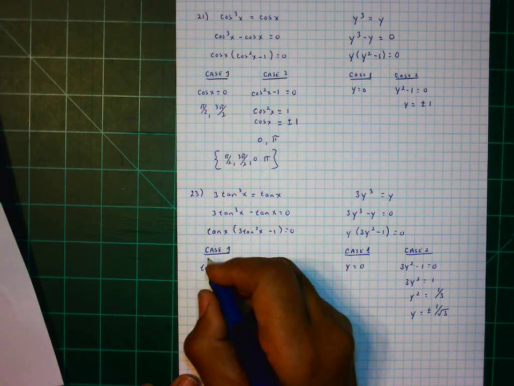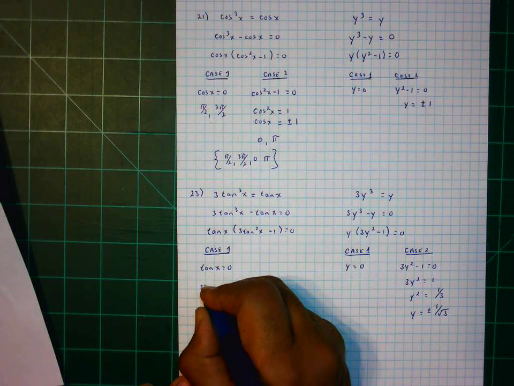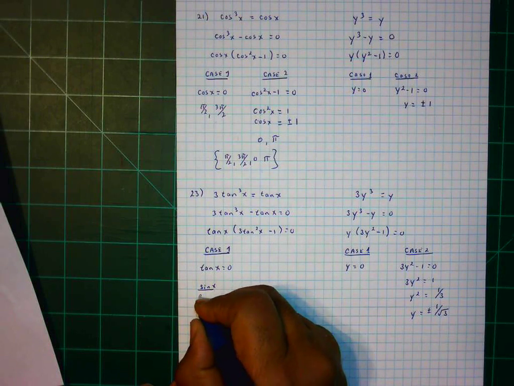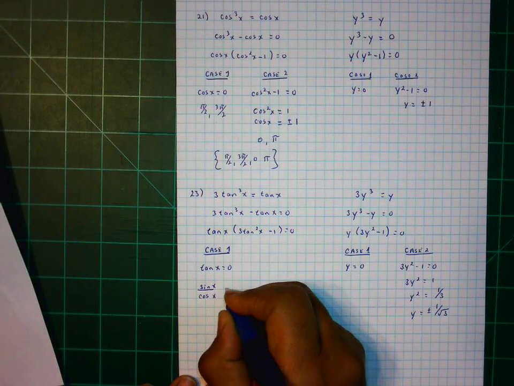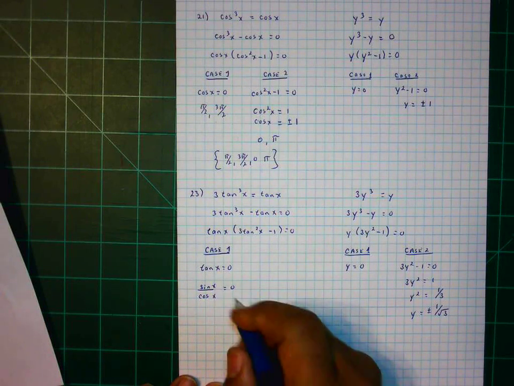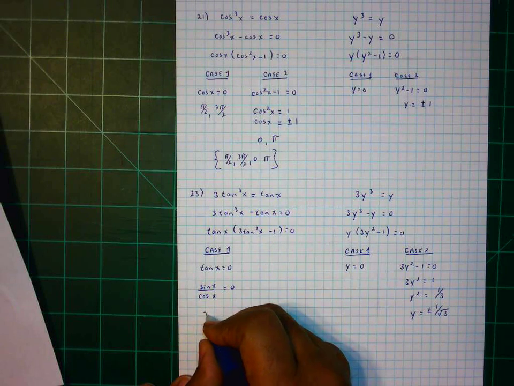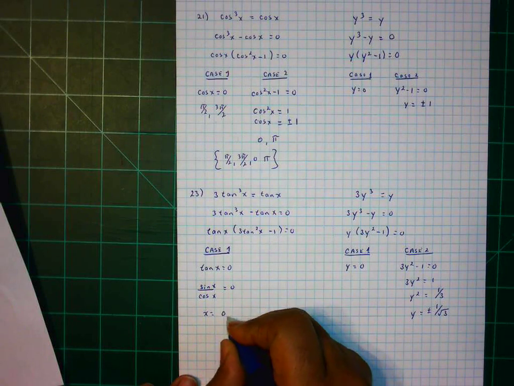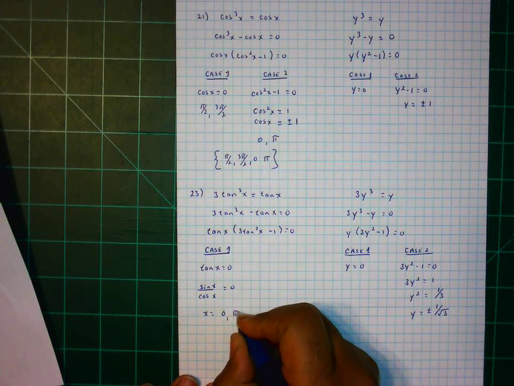Now the tan of x can be written as the sine of x divided by the cosine of x. The only time that's going to be 0 is when the sine of x is 0, and that will occur when x is equal to 0 or pi.